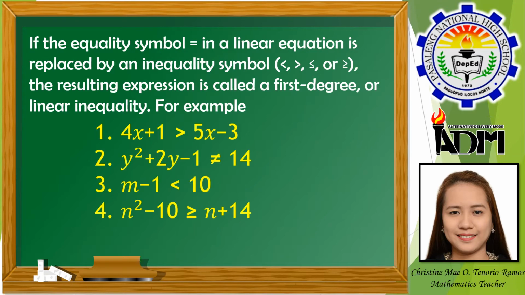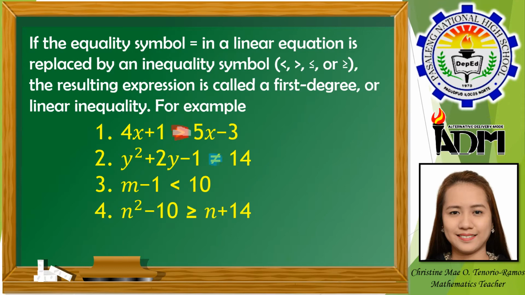For example, number 1, we have here 4x plus 1 is greater than 5x minus 3. So, ito yung ginamit natin. Greater than. And then next, number 2, y squared plus 2y minus 1 is not equal to 14. So, yan naman yung ginamit natin.